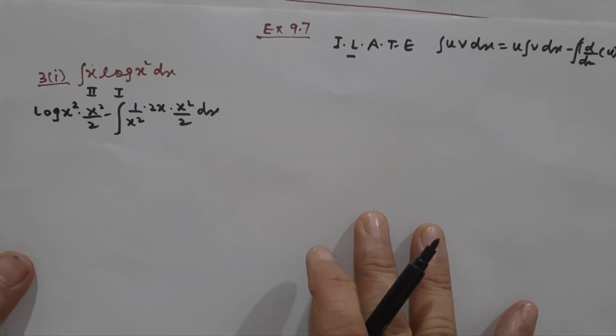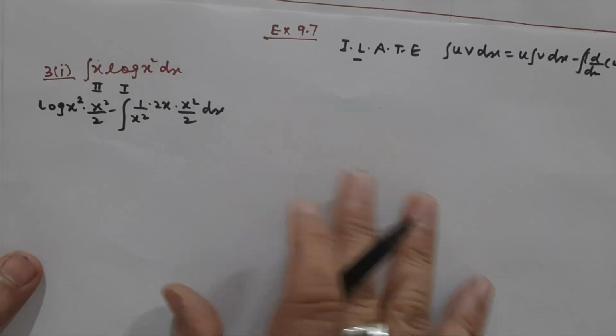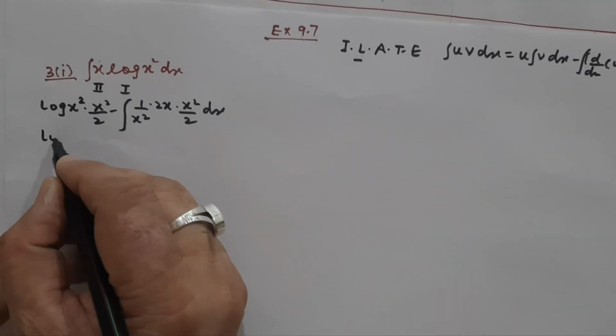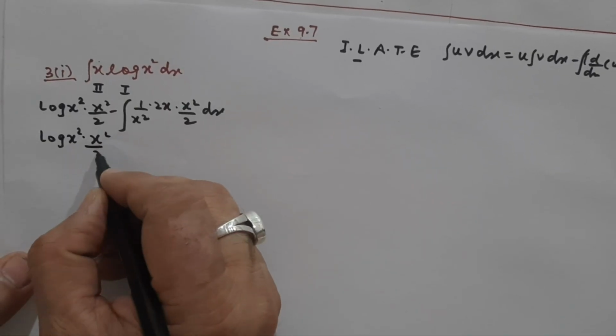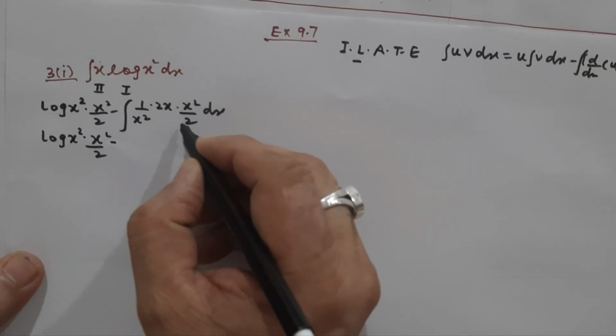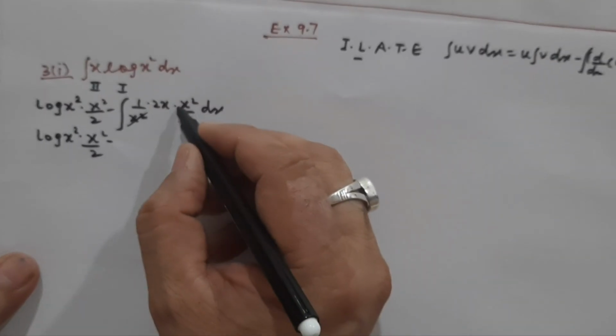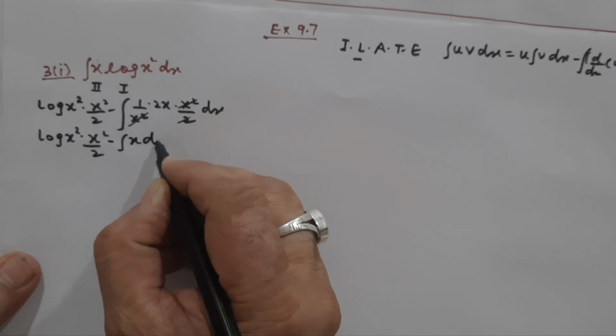Now on solving it, we get log x square into x square upon 2. Cancelling 2 with 2, x square with x square and 2 with 2, we get x dx.